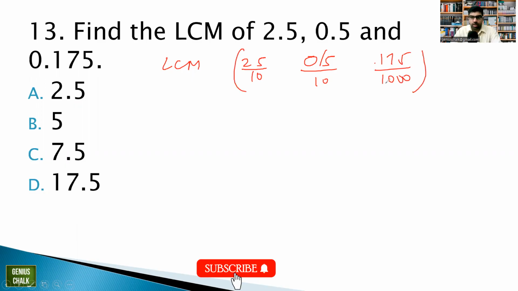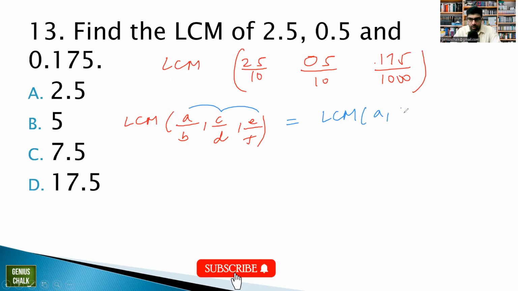Please note this, that whenever we are asked about the LCM or the HCF of fractions, write the rule that the LCM of fractions, let's say A by B, C by D, E by F, is always equal to the LCM of all the numerators, A, C, E, divided by the HCF of all the denominators.